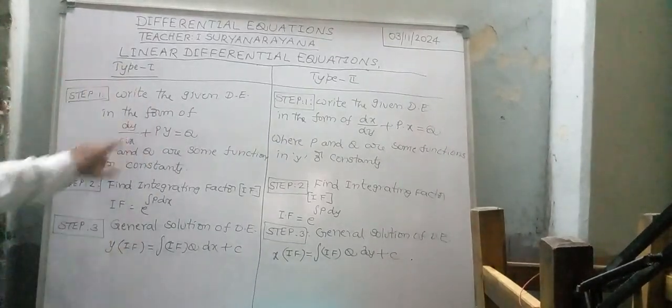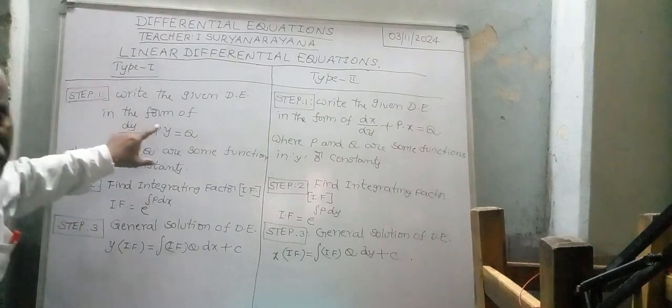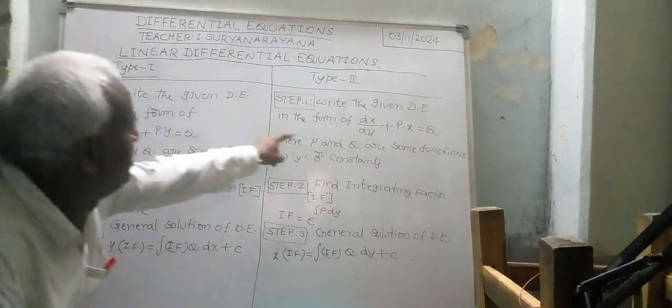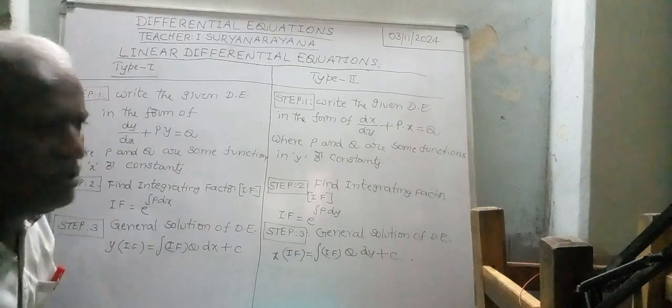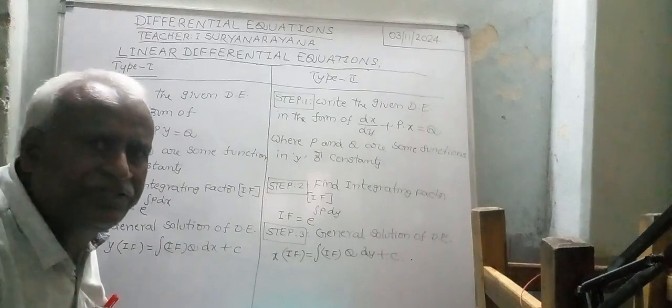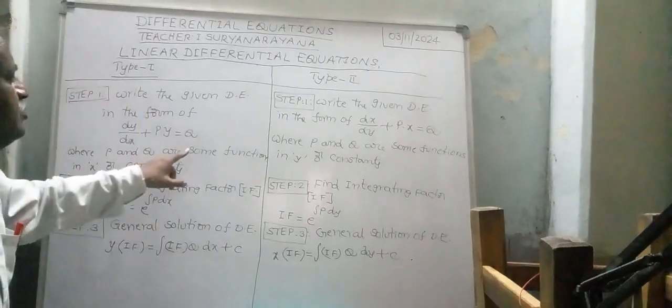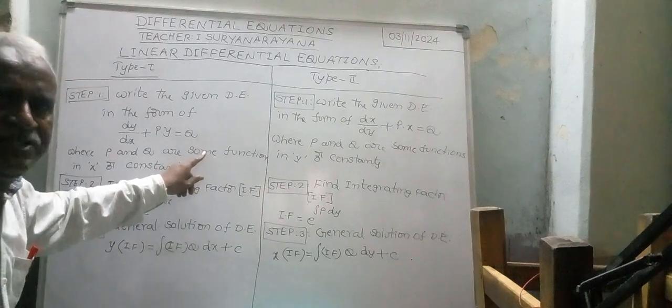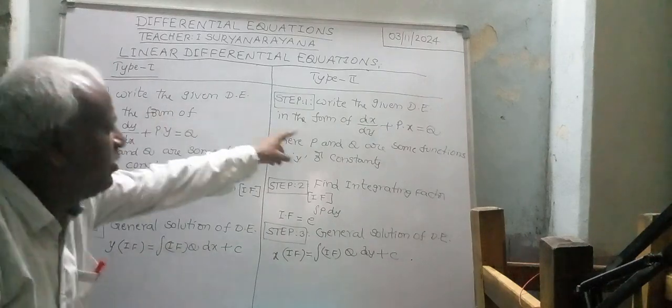After writing the given differential equation into the standard forms, these 2 equations are said to be the standard forms of linear differential equations. So we have to write the given differential equations in the standard forms.